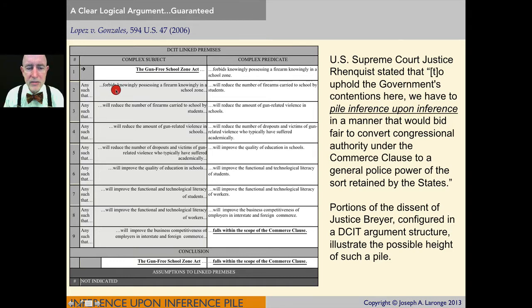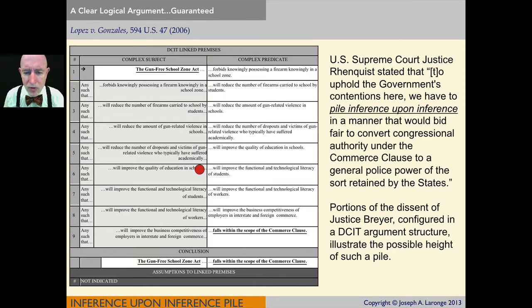And remember we repeat the predicate phrase of the last part, but we can look at this as just stepping stones to make it simpler for explanation here. Will reduce the number of firearms carried to school by students. So we'll reduce the amount of gun-related violence in schools. So we'll reduce the number of dropouts and victims of gun-related violence who typically have suffered academically. So we'll improve the quality of education in schools.